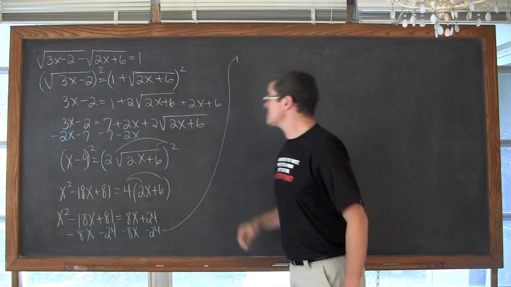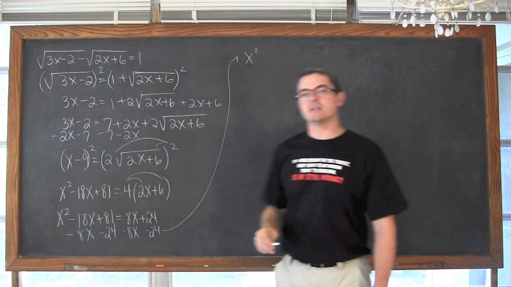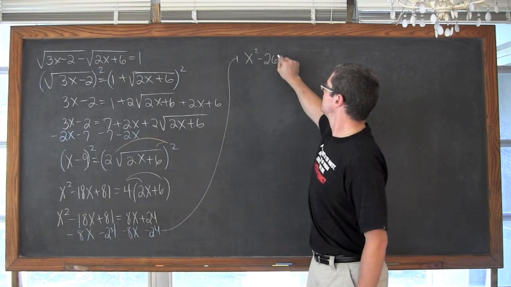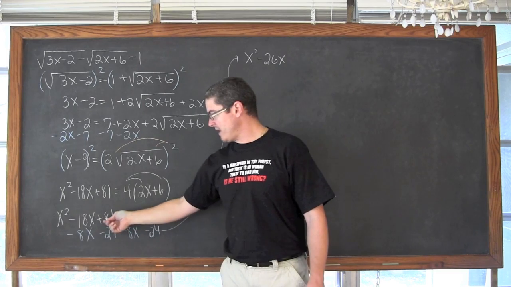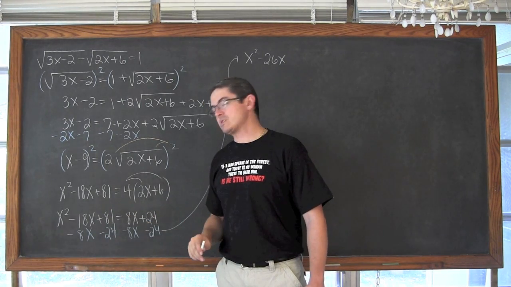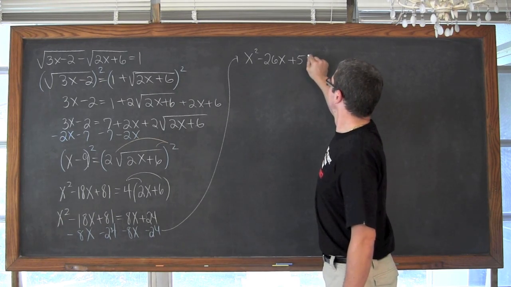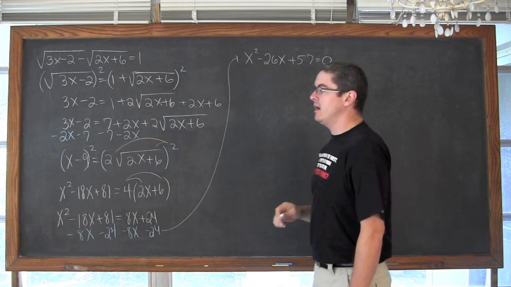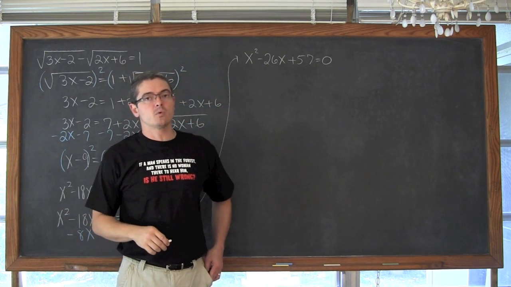And that is going to give us x squared. Negative 18 minus 8 is negative 26. And 81 minus 24. Well, let's see. 81 minus 20 is 61. And 61 minus 4 is 57. Now, there are no factors of 57 that are going to add to be negative 26.